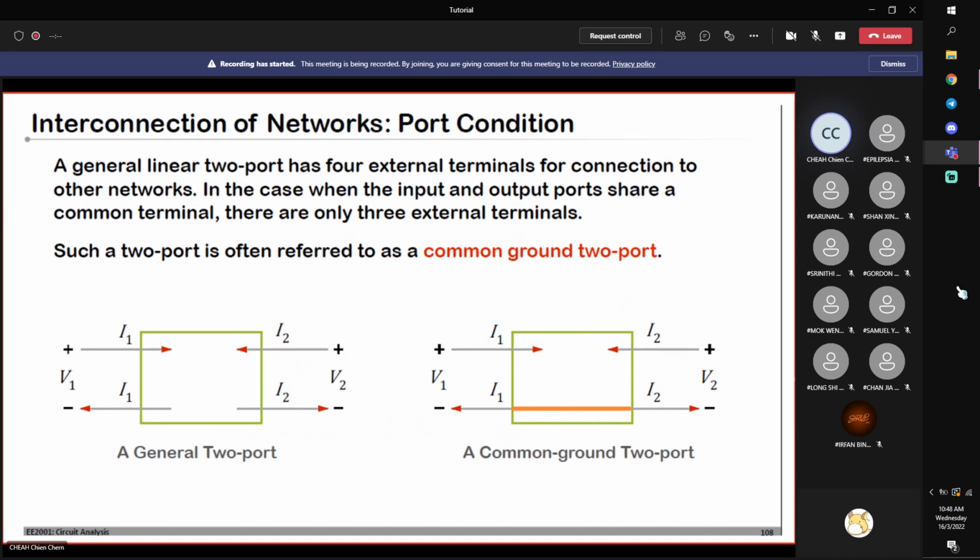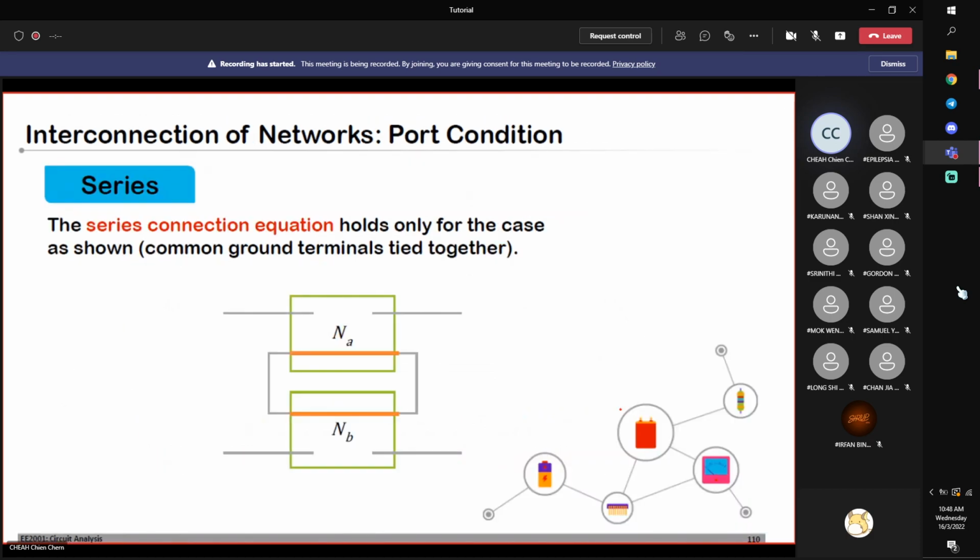Now, if you go to your slides again, you see this general case. This is a special case where you connect these two together. And if you have two of these networks with common ground connected in this form, that is a series combination.